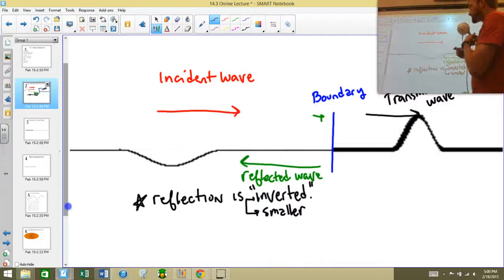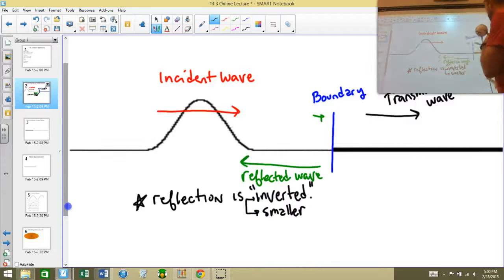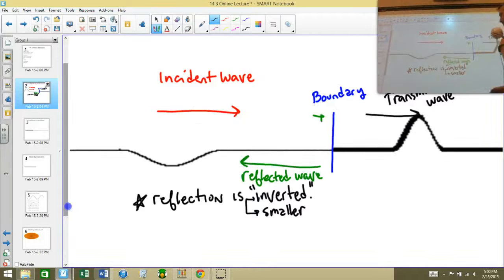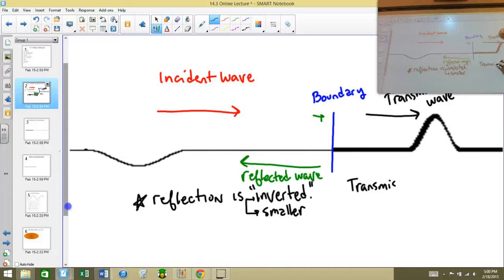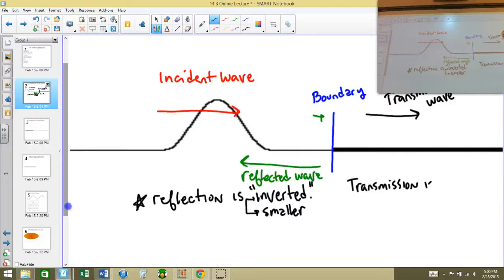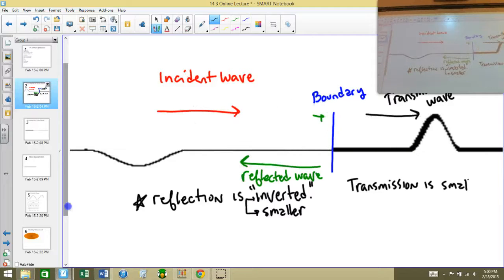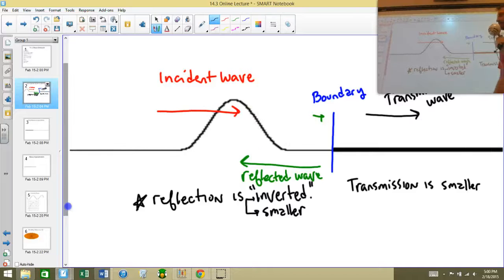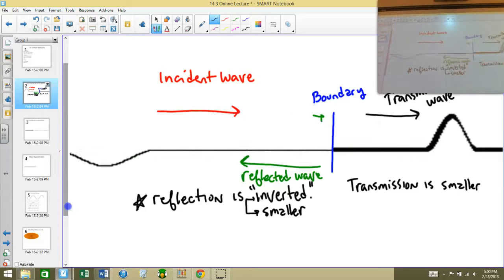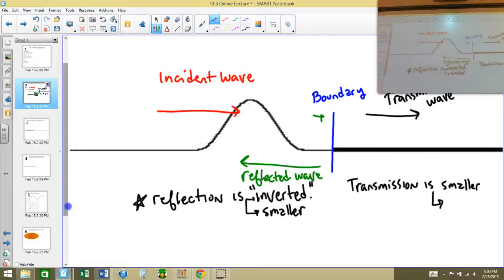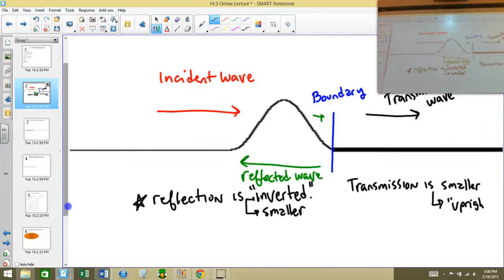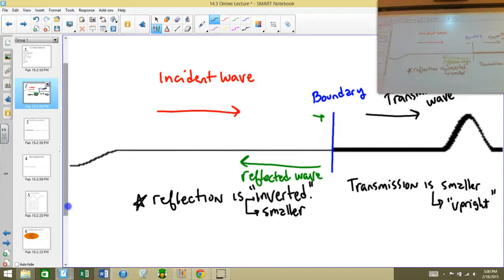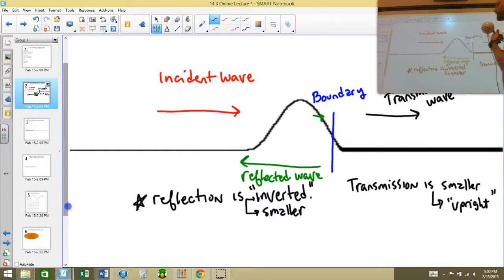That's because it gives some of the energy to the transmission. You'll notice that the transmitted wave is smaller. You'll also note that the transmission is on the same side. We call this upright. So there's a bunch of terms right there.